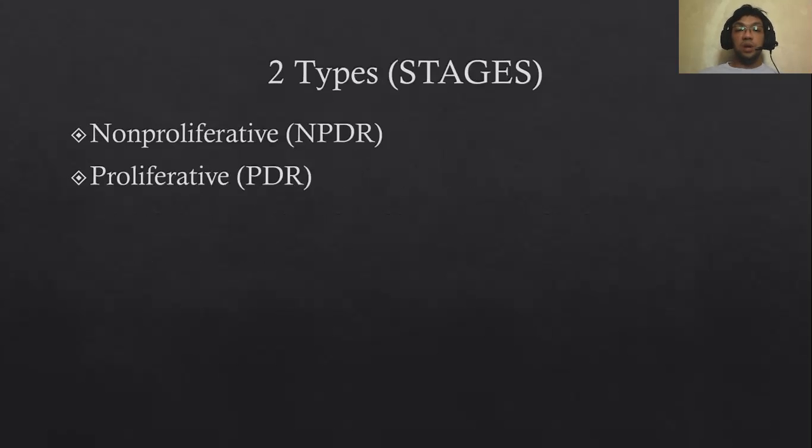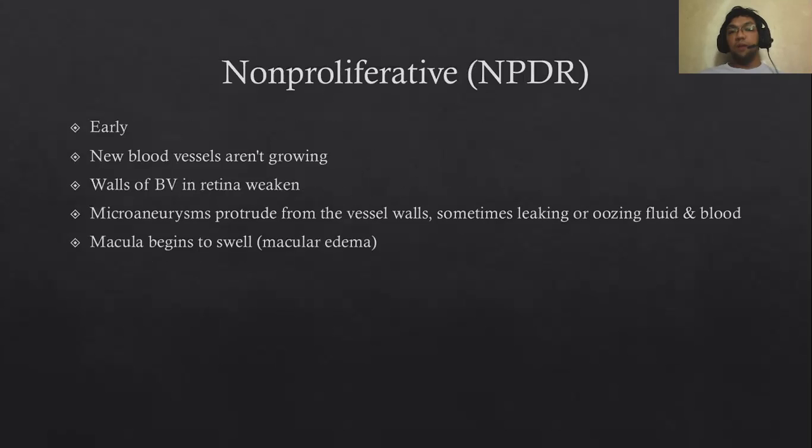And there are two stages, or two types: the non-proliferative, NPDR, and the proliferative diabetic retinopathy. We start out with the non-proliferative type. It's the earliest type of diabetic retinopathy. New blood vessels aren't growing yet, but the walls of blood vessels in the retina will weaken.